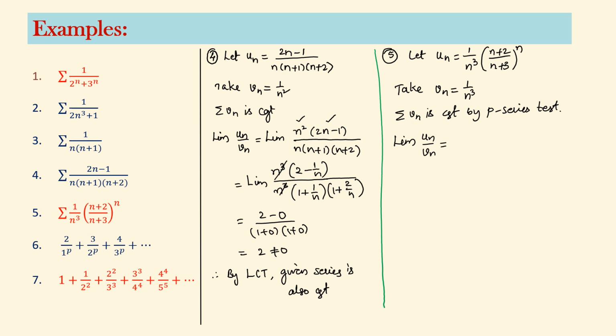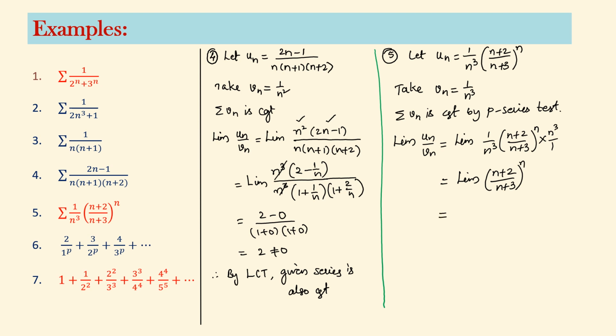This is equal to limit, our Un is 1 by n cube into ((n plus 2) by (n plus 3)) power n, divided by Vn which is 1 by n cube. So taking this to the numerator, we have n cube by 1. So n cube gets cancelled. We are left with the limit ((n plus 2) by (n plus 3)) power n.